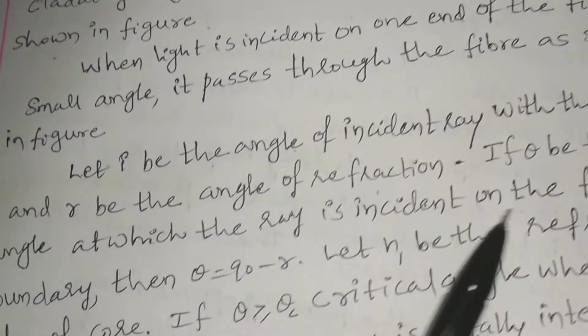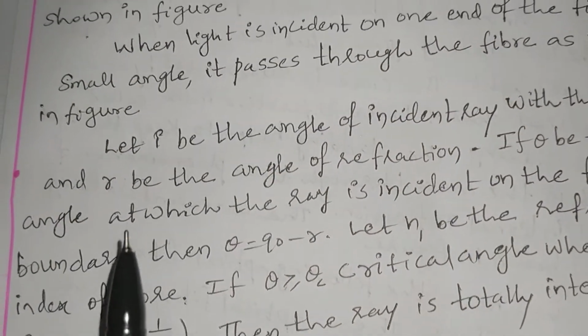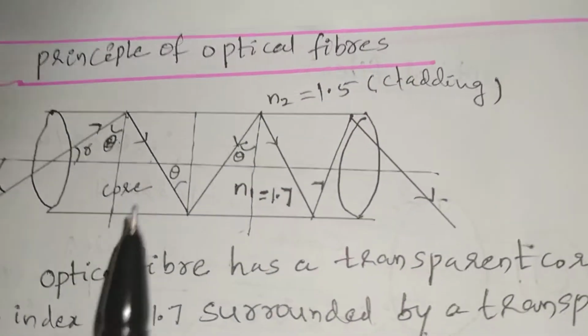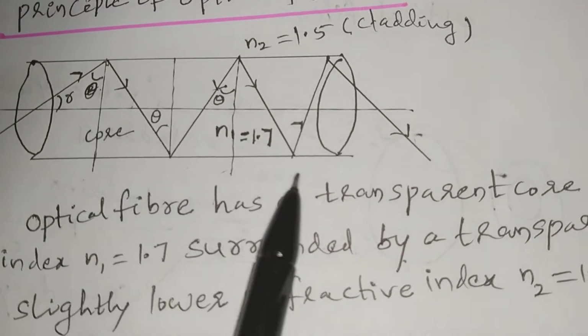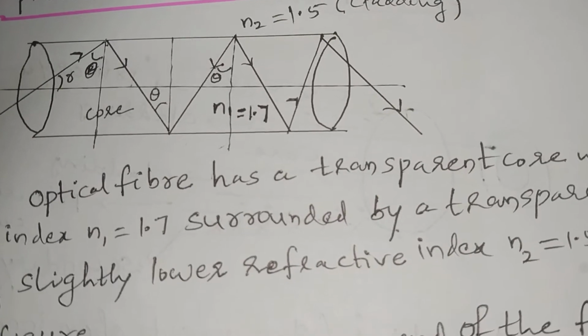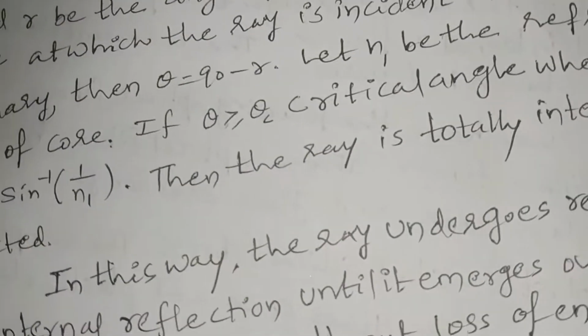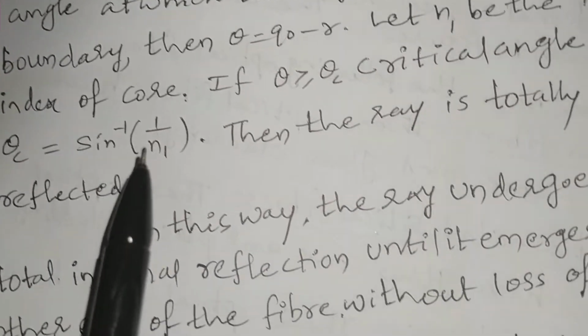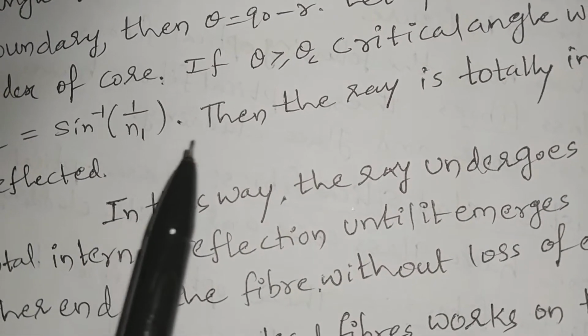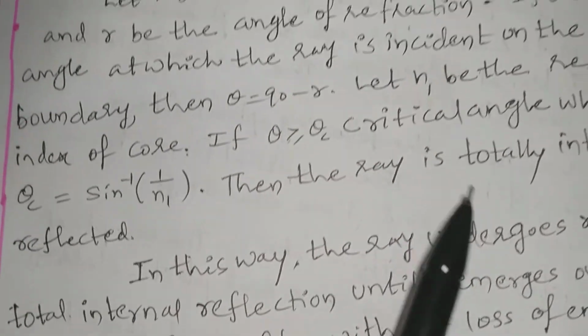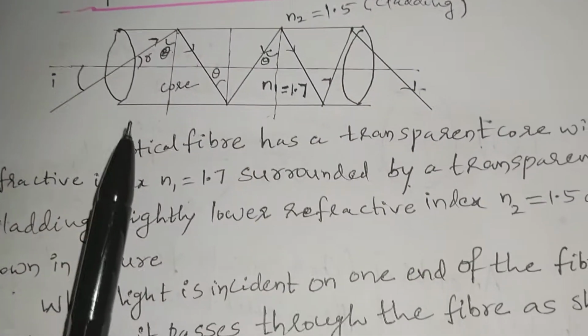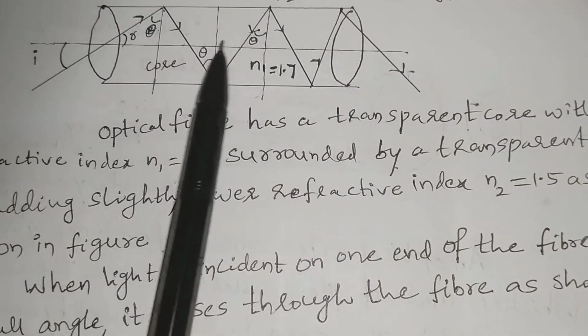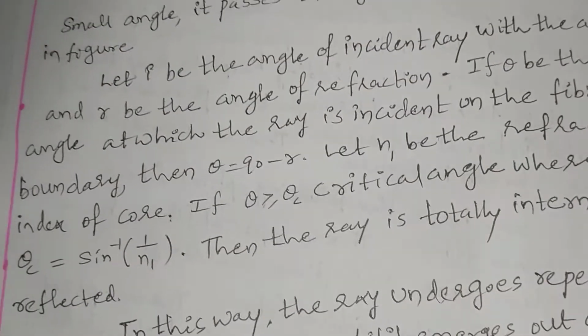Here n1 is the refractive index of the core. If this theta angle is greater than the critical angle, where theta c is equal to sine inverse of 1 by n1, then the ray is totally internally reflected within the core.